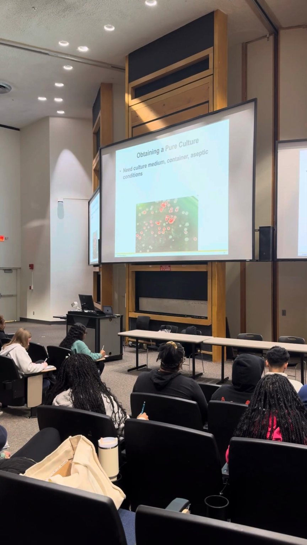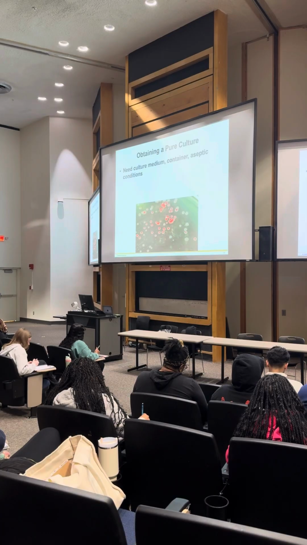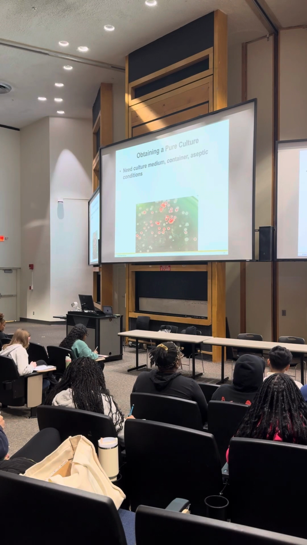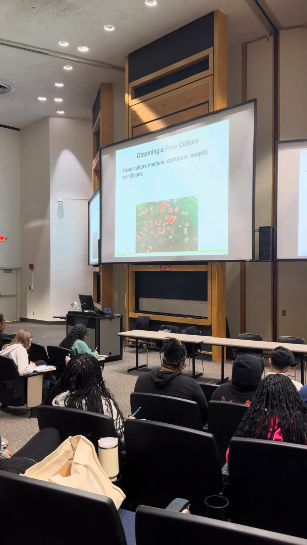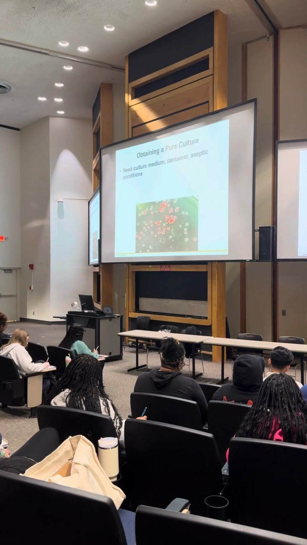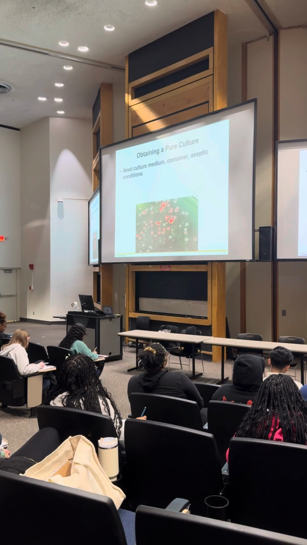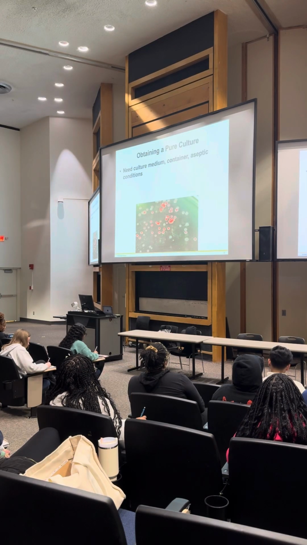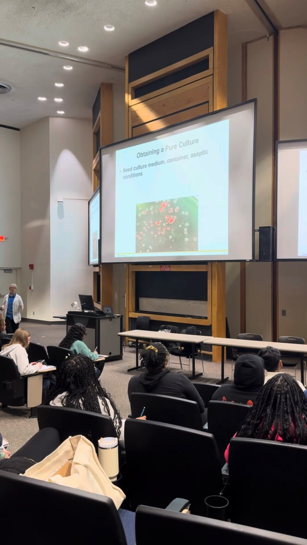And you're going to need your aseptic conditions. If you contaminate your sample, then that sample is useless. So don't contaminate your sample. I guess what I'm telling you is you're going to get instructions on how to do the procedure. Just read carefully and follow those instructions carefully. And you'll be successful.